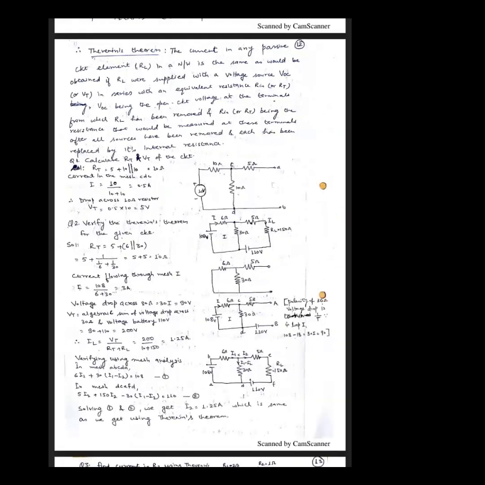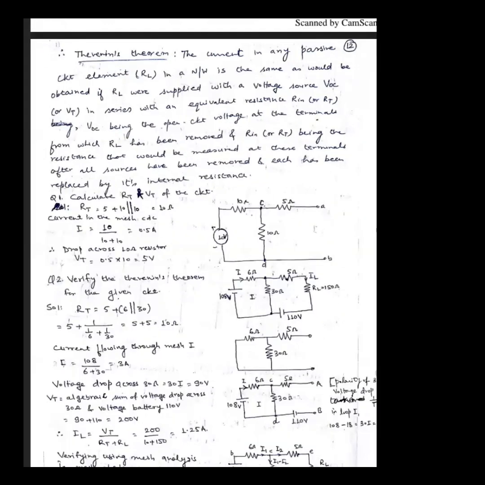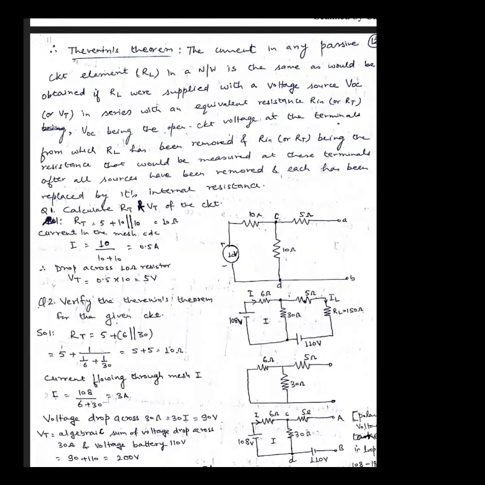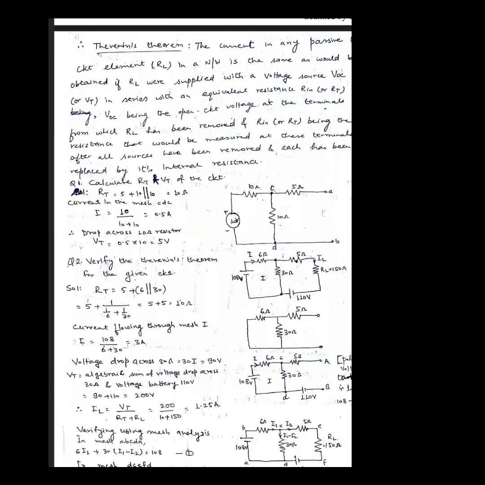Because as we have studied in the theorem definition, the current in any passive circuit element in a network is same as would be obtained if RL were supplied with the voltage source VOC, etc. So it means that the current in any passive circuit element or the load resistance is same as would be obtained by this method or by any other method.